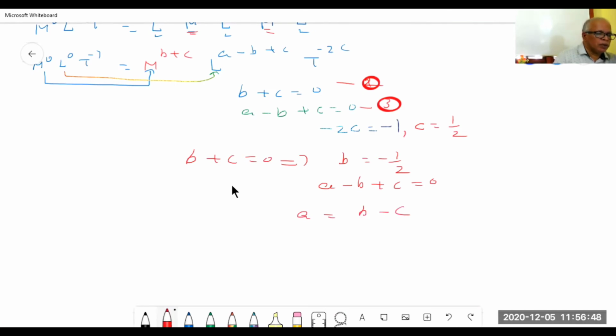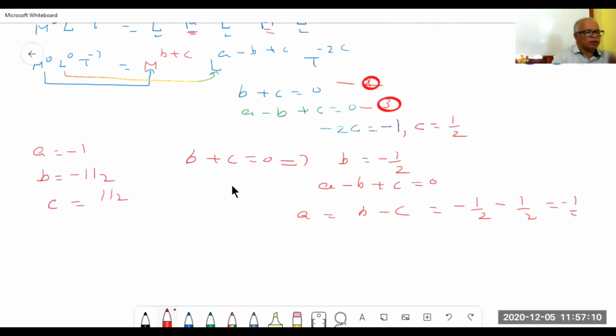So what is b minus c? Minus 1 by 2 minus 1 by 2 equals minus 1. So you got the values: a is equal to minus 1, b is equal to minus 1 by 2, c is equal to 1 by 2.